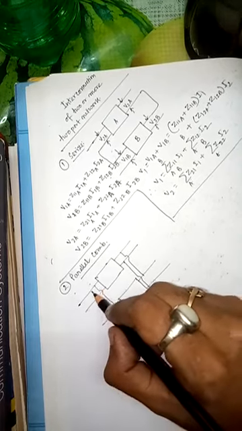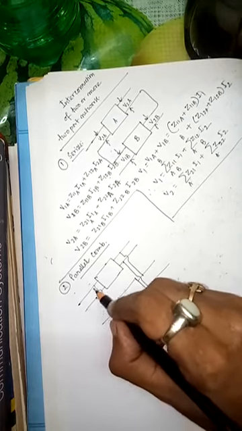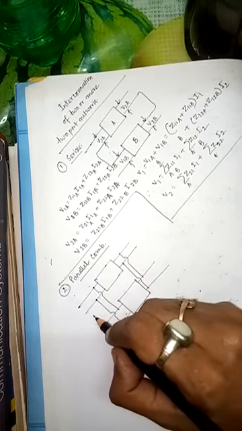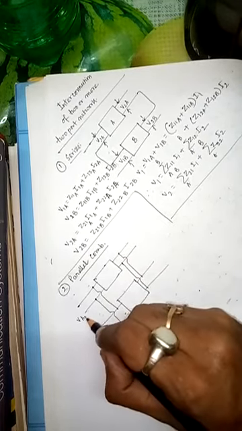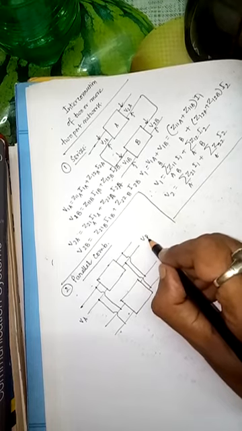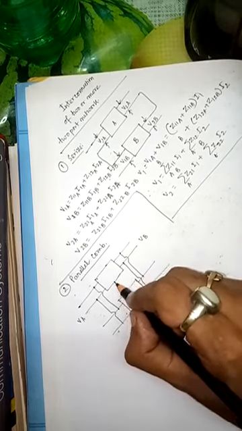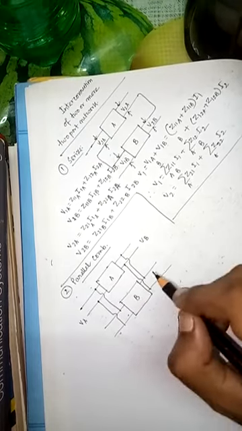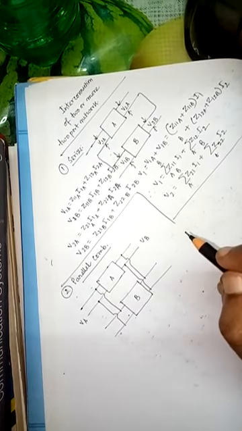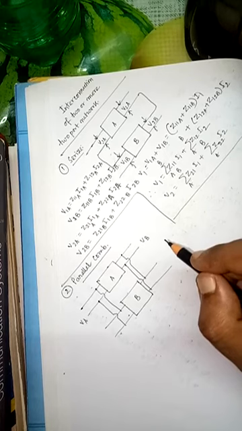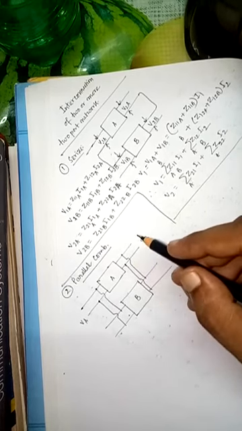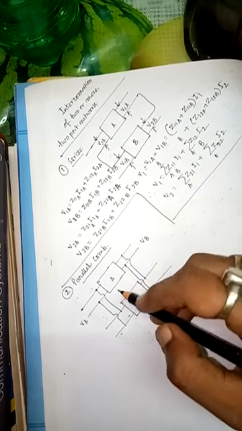Now here the node voltage is common. If it is VA, then it is VB. What type of two-port parameters do we have to use here? Here you can see that the current is dividing itself.